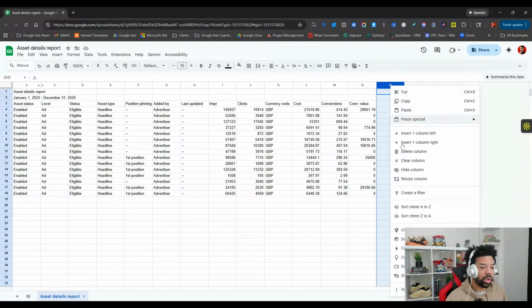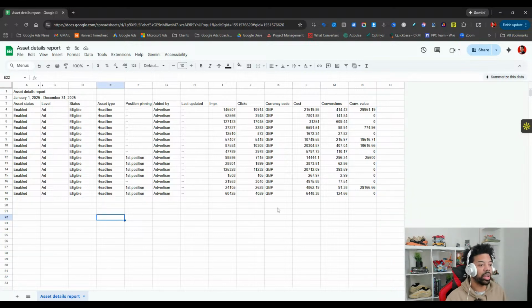So what I'm doing is saying which headline, I got it hidden, the actual headline text, but which headlines are generating the most conversions and which headlines are getting majority of the impressions but not converting at a good rate.